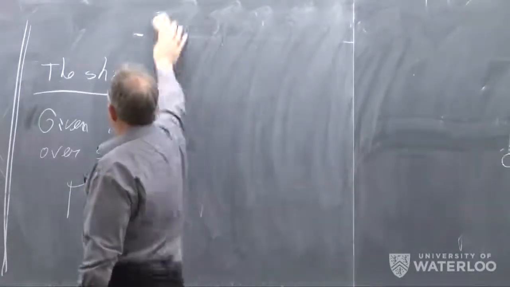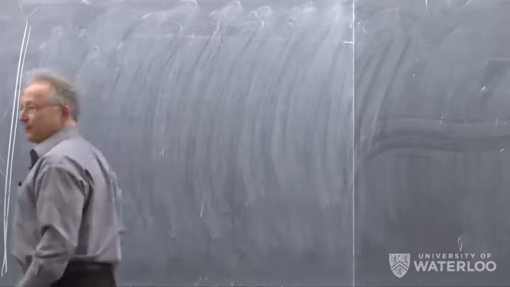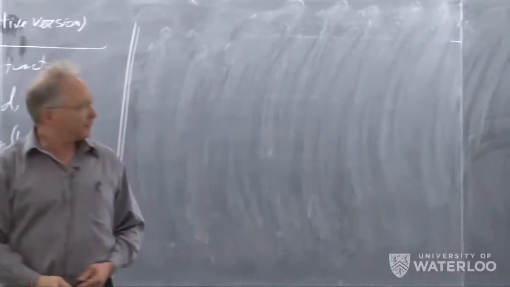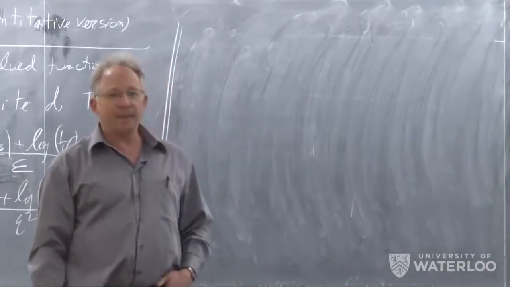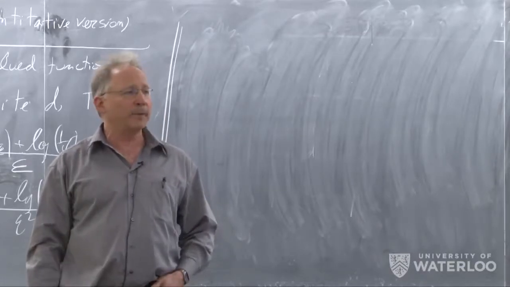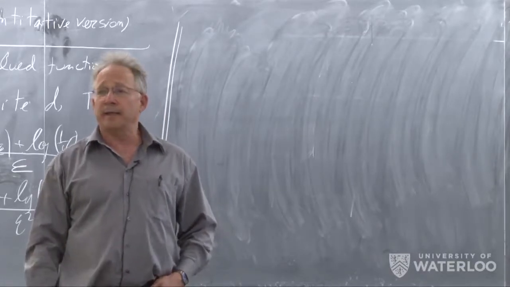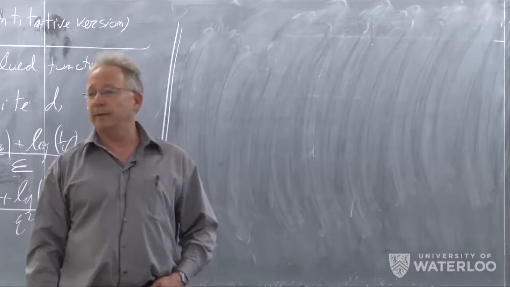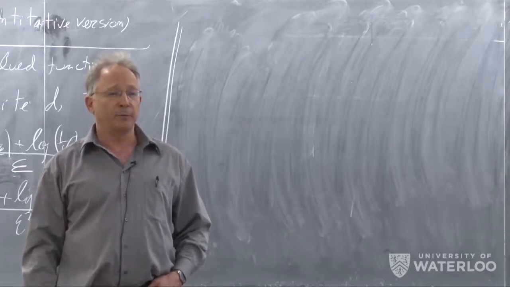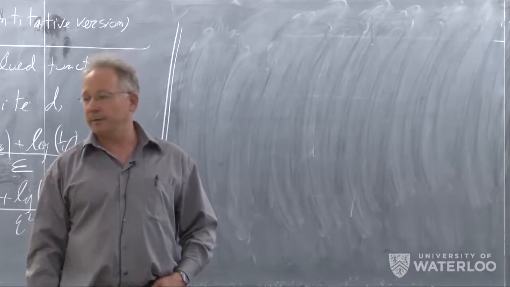So there is a very nice result here. And the result basically says, I don't know how many of you have taken courses where you talk about asymptotic runtime of some algorithm.